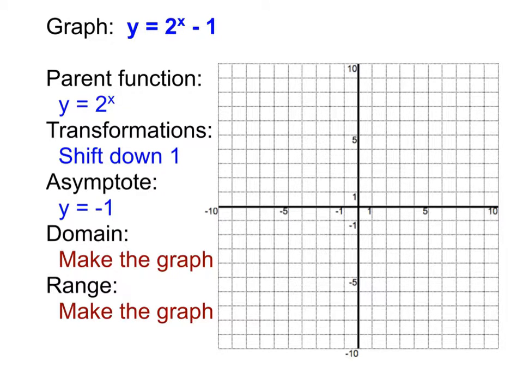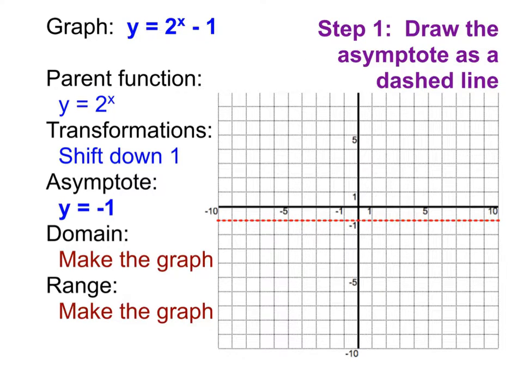All right, so for making our graph, step 1 of making an exponential graph is to draw in the asymptote as a dotted line. And as you're doing this, it might be valuable for you to write down the steps that I'm telling you. Actually put those words in, but at the very least, draw it on the graph. All right, and then I can start looking at plotting points.